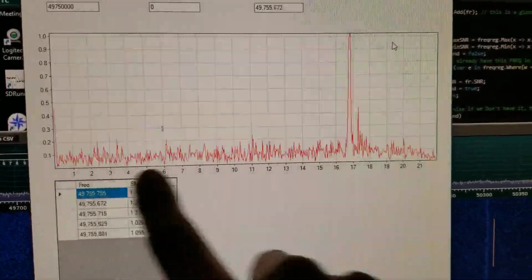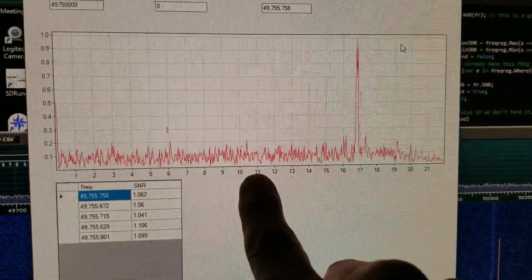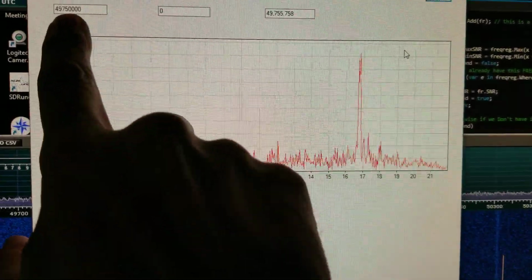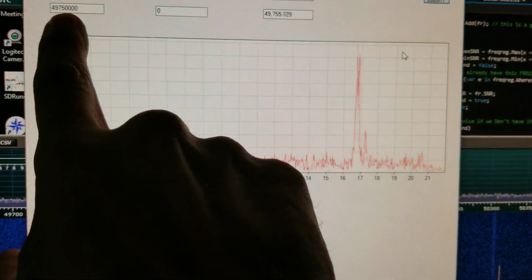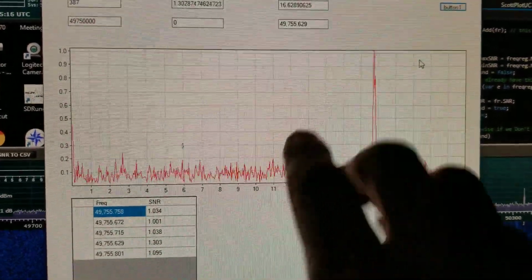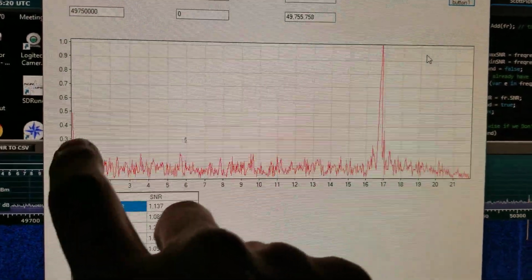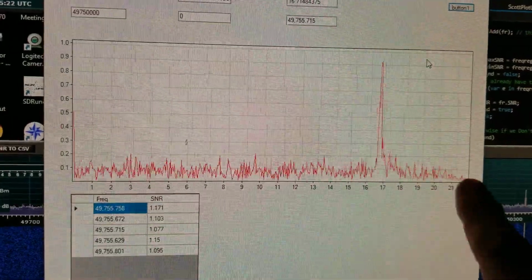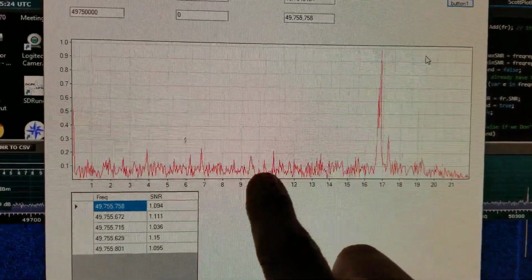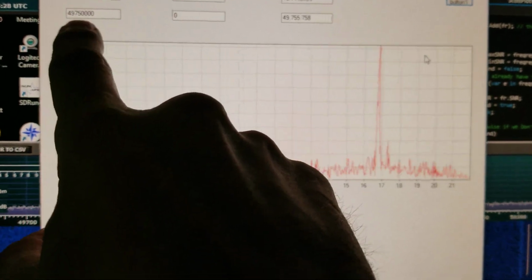It's 22 kilohertz across. The center frequency, for example, I'm telling it is 49,750. It's actually not in my test, but that doesn't matter. This is mapping the audio spectrum of 22 kilohertz around what I'm telling it is 49,750.